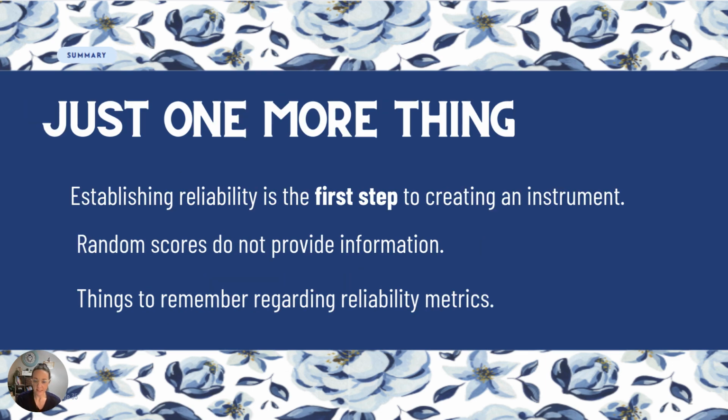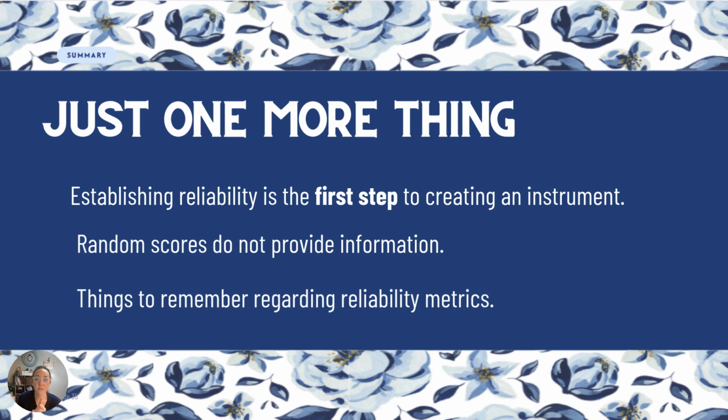All right. And last but not least, if you remember one thing from this video, remember this: reliability comes first. When creating an instrument, when determining what assessment to use, we're always looking for reliability, even in our friendships and relationships with others. We want to choose people that are reliable, that are going to do what they say they're going to do, that are going to be consistent.